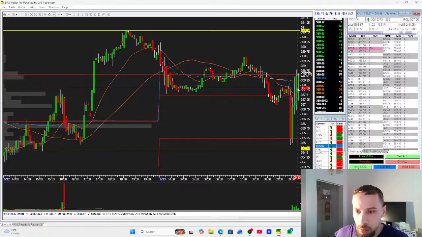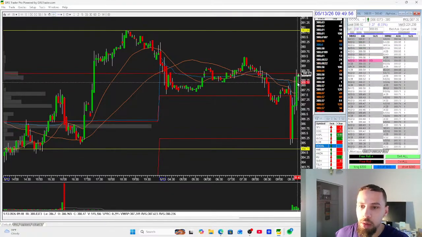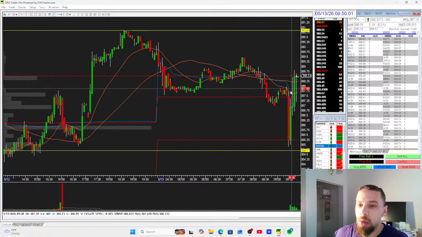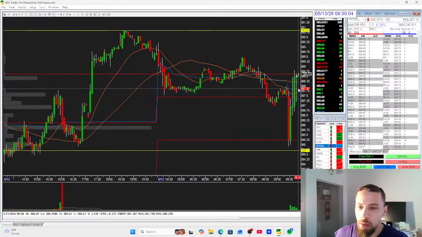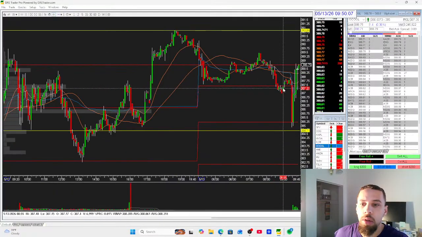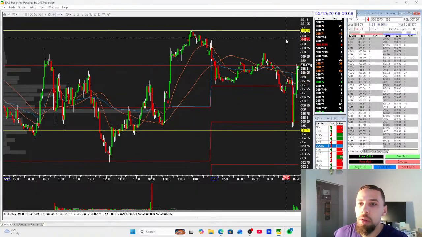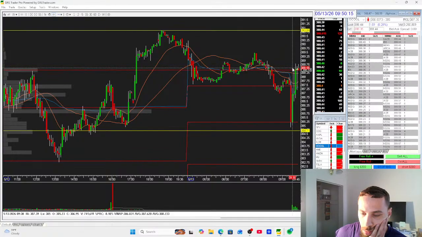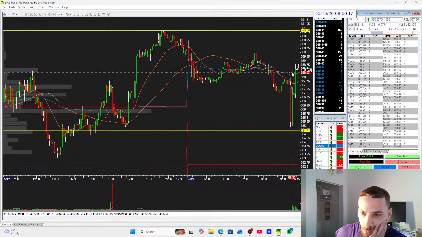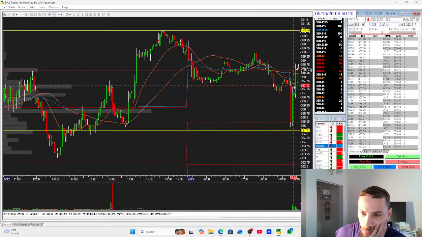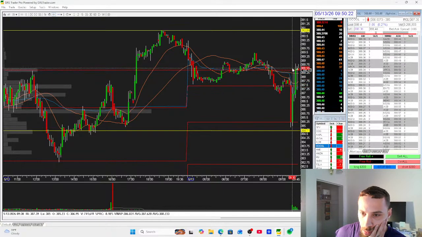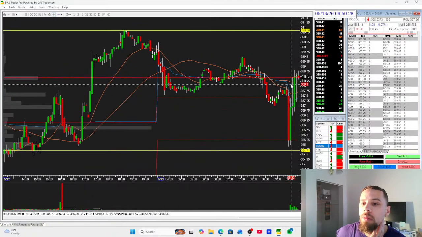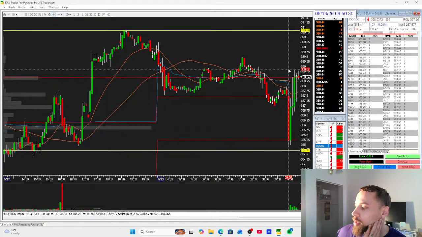Take a long here on Google, 100 shares, so not a lot. Seems like it wants to go up. Target 390.